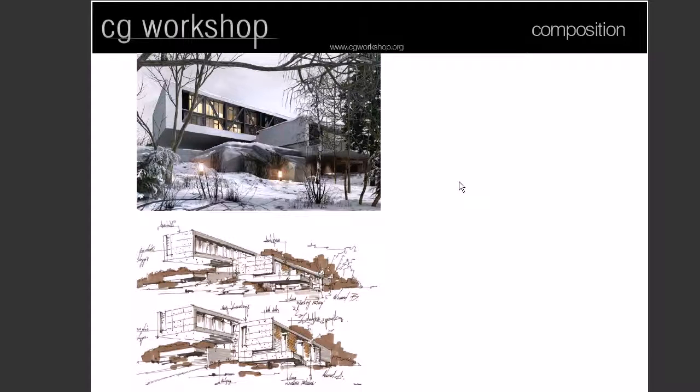So I designed the building, so I knew the building very well, and I also did some sketches in the design process. But before I did the renderings, I started to think about the shots, how to show the building in its proportions in the best way.